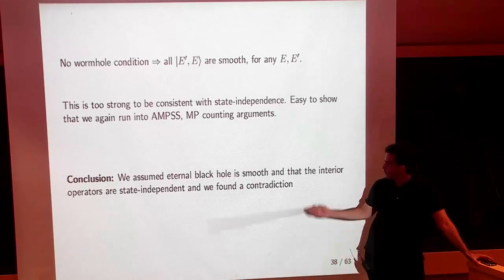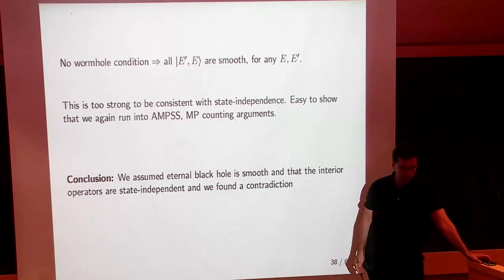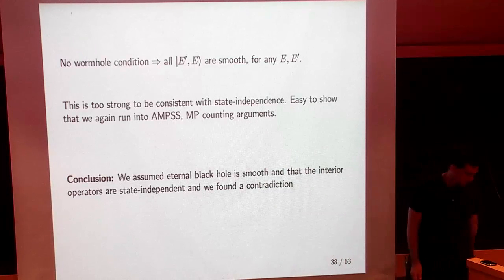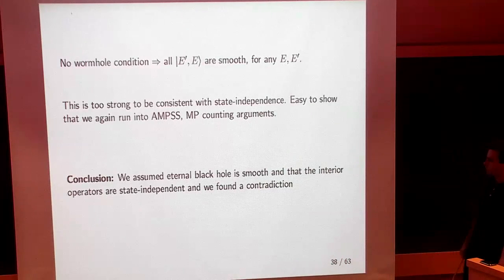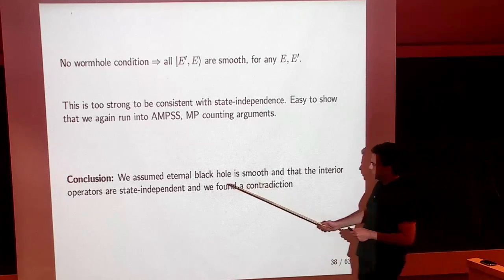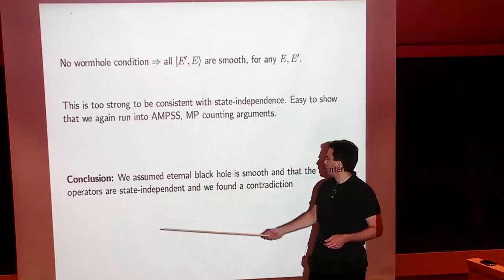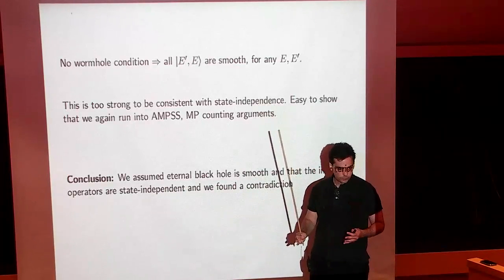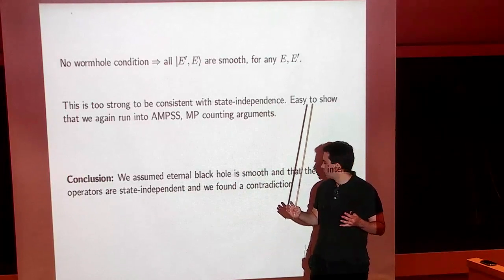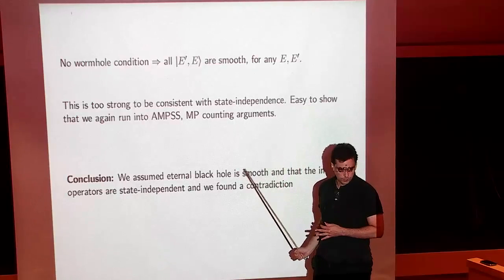Yeah, I didn't use the linearity of quantum mechanics anywhere, right? That's not what state independent means. No, I'm saying that if you assume that the operator is state independent, and if you demand there's no wormhole, then you get into the contradiction.